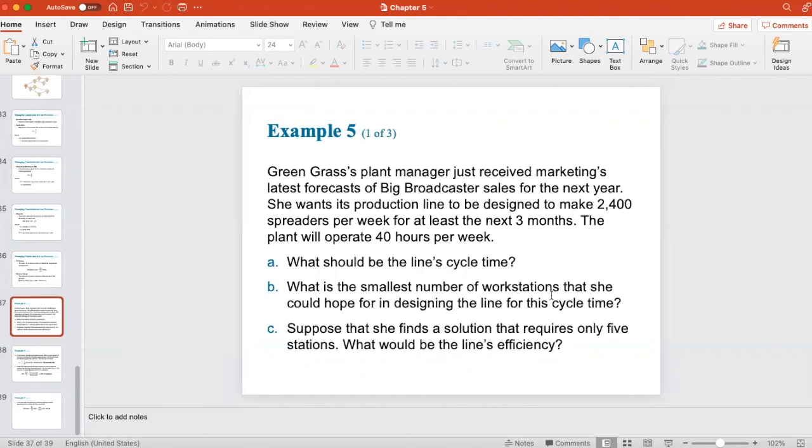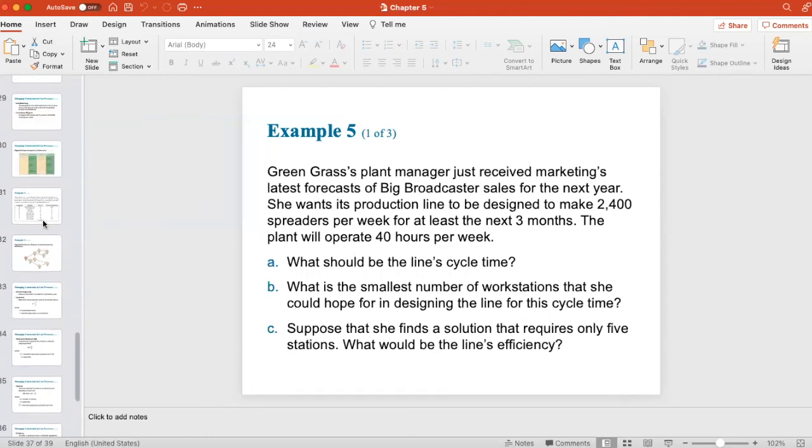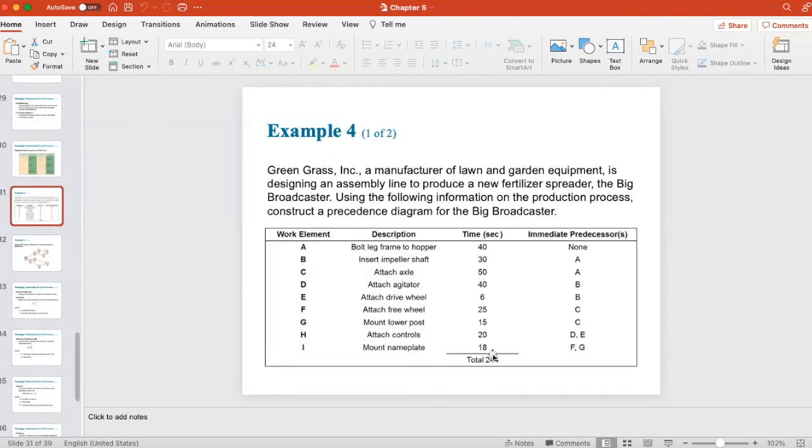that we can hope to design within the process line, given the cycle time. Very easy. In the previous example, we already know that if we sequentially produce every single work element, one by one, then the total time that we need to spend is 244 seconds.